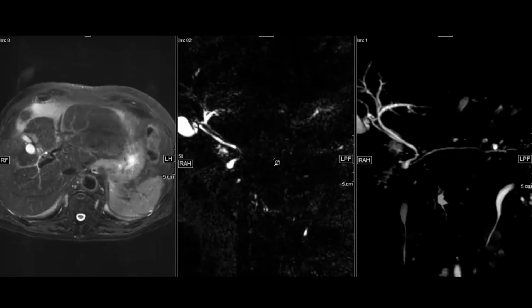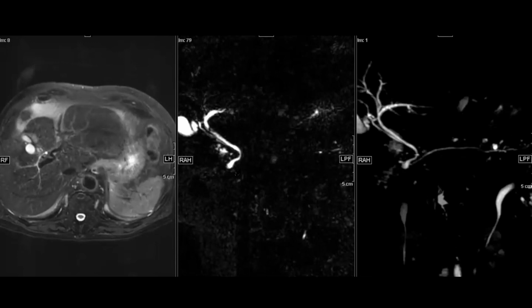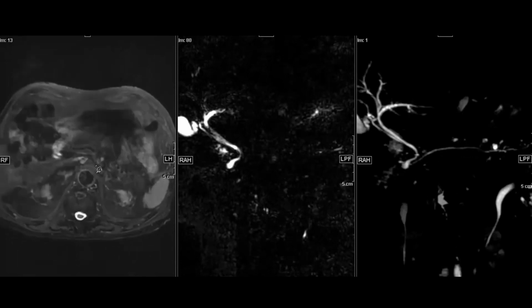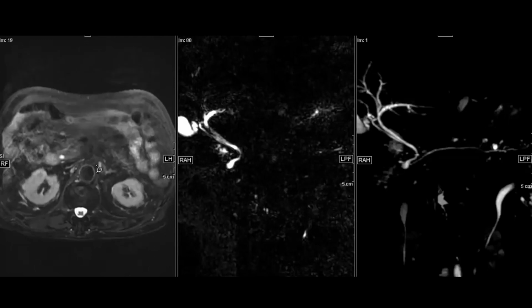If you see, there is a cystic dilatation of the CBD at its terminal end. I hope you're able to appreciate it here. I'll move to the actual T2 weighted images at the same level so you're able to appreciate. Does everyone appreciate this cystic dilatation of the CBD near the ampulla? Okay, now can anybody think of the diagnosis, what this can be?